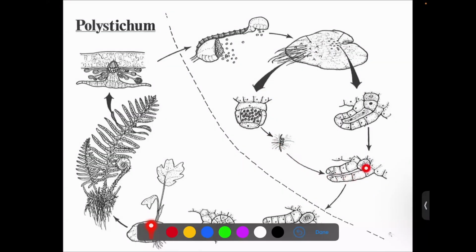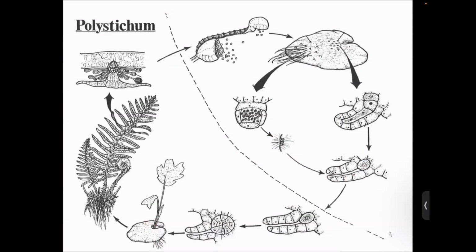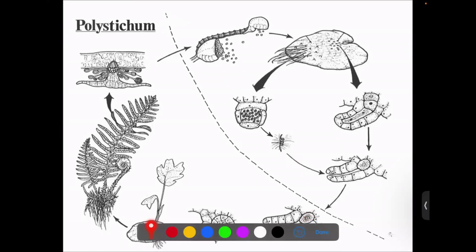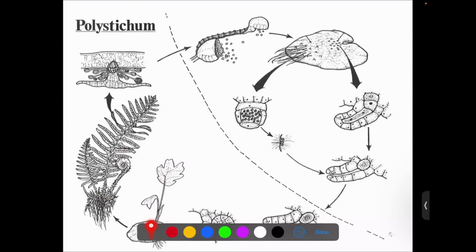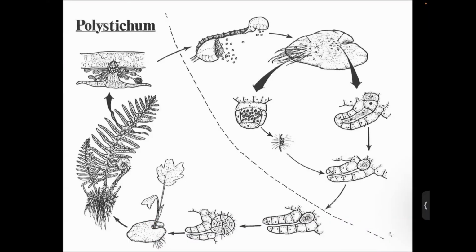And then they are attracted to the egg, and you end up with a fertilized zygote again. That zygote divides and divides, and that embryo then grows up to be a sporophyte. Like here's the first leaf of the sporophyte. And eventually that sporophyte will grow roots and overtake the gametophyte entirely. And that's the fern that we notice most of the time.